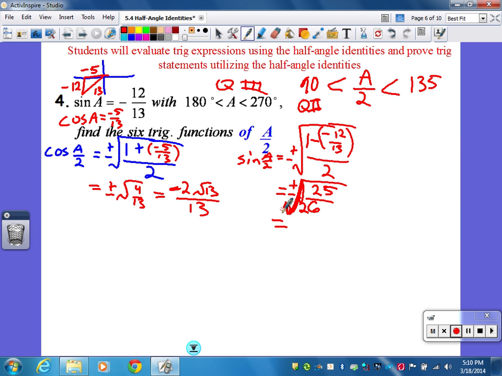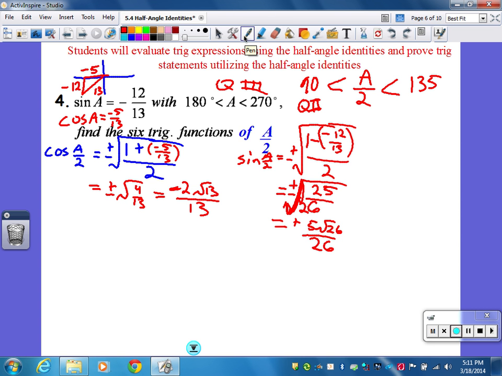Once you simplify that, it comes to plus or minus 5 square root of 26 over 26. Now we're working in quadrant 2 and we're in sine, so we know it needs to be positive, so I'm going to erase that negative. So 5 times the square root of 26 over 26.